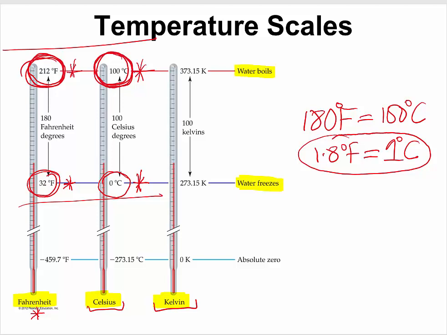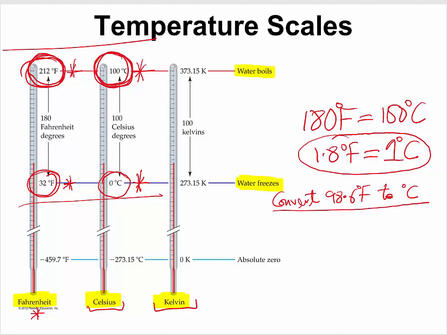Let us take a look at a very simple example. Convert 98.6 degrees Fahrenheit, which is the normal human body temperature, to degrees Celsius.